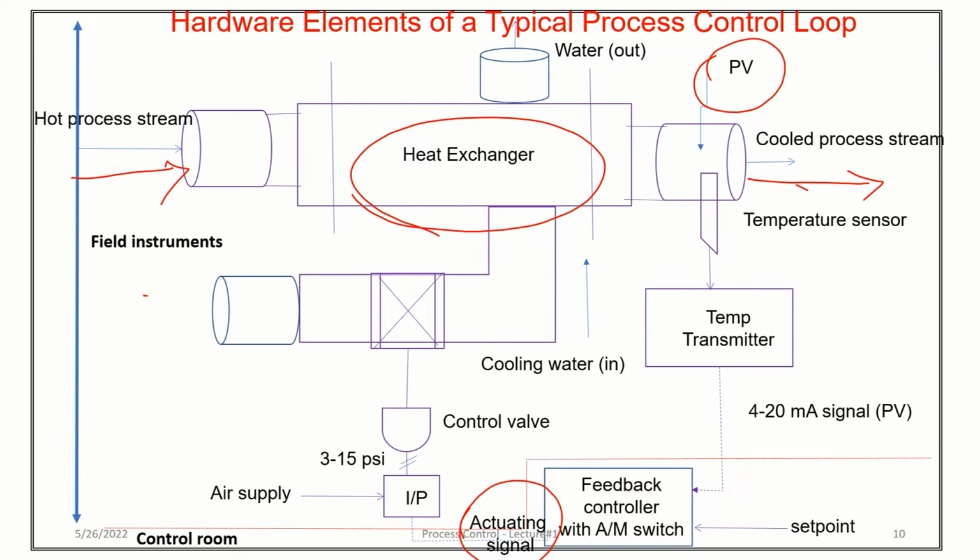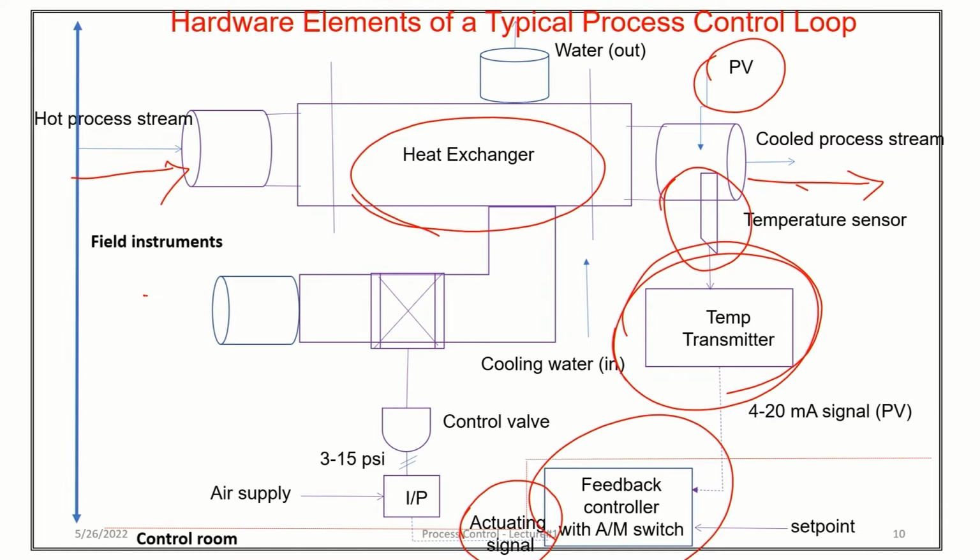Then what are the other important components present in this diagram? The first one is the sensor, then the temperature transmitter, then the controller, the actuators, that is your converters, I to P converters, then the control valve, right. So if you take this process, the objective of the plant is to keep the temperature of the process steam at the desired value.